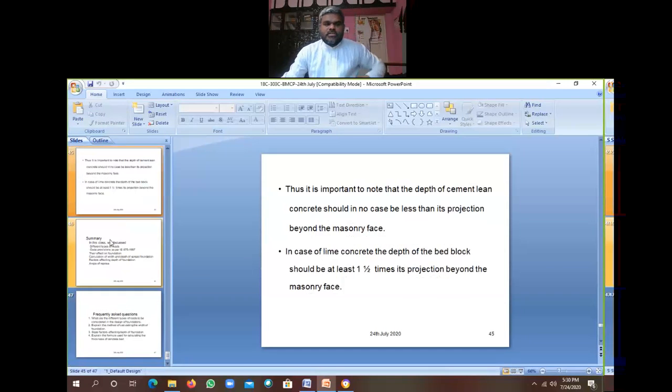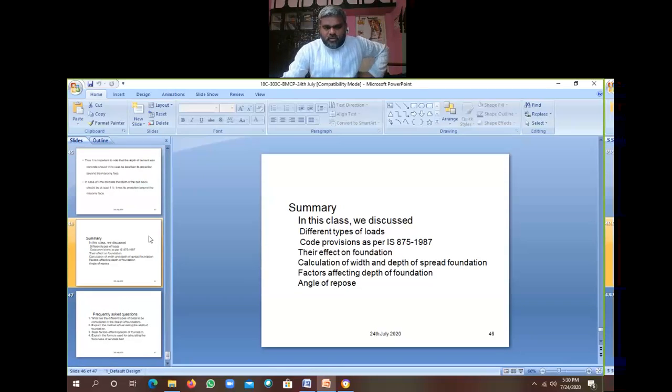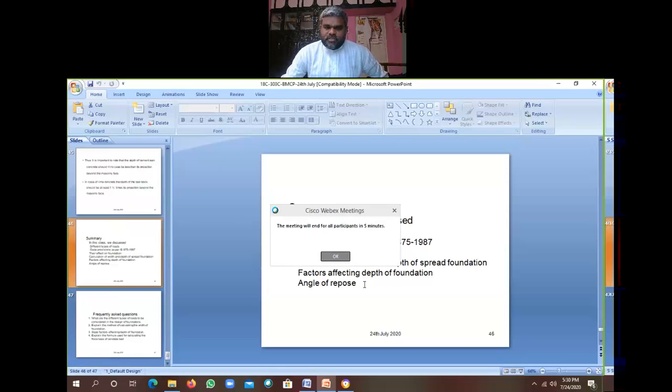So we have discussed different types of loads and code provisions and their effects on foundation, calculation of width and depth of solid footing, thickness of concrete block, factors affecting depth of foundation, and angle of repose.